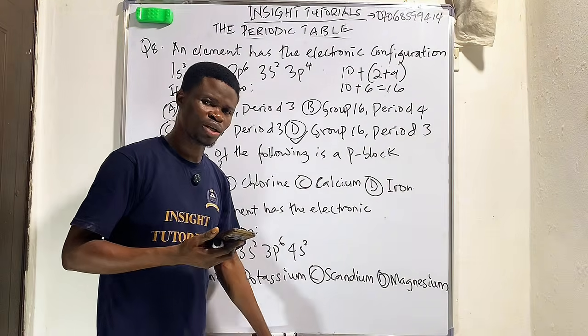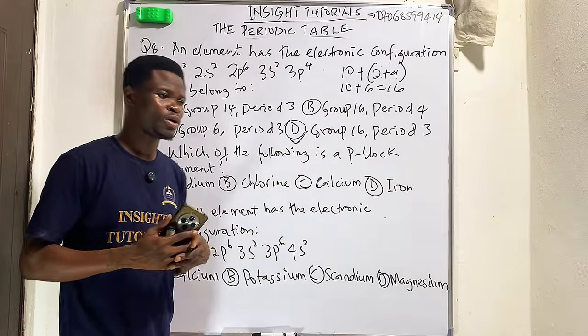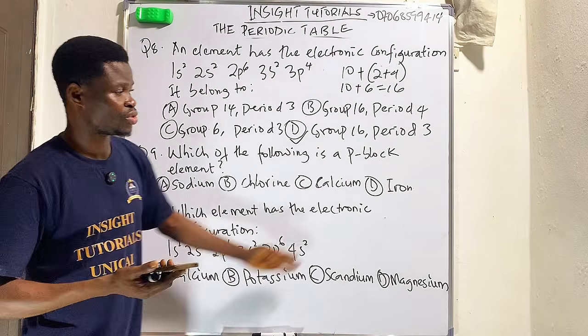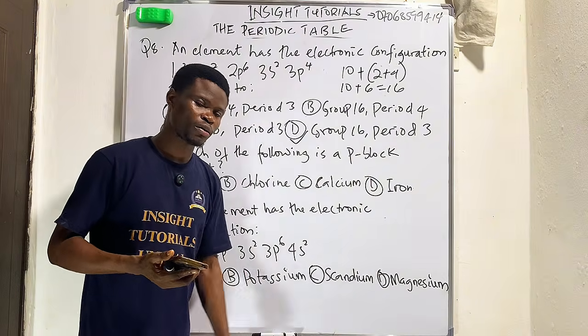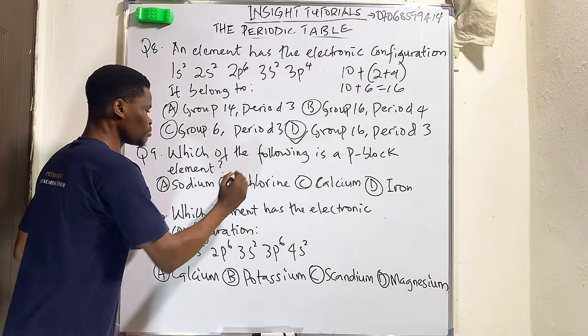Iron here is a transition metal, which falls in the category of zinc, manganese, chromium; all of those other elements are transition metals, and most of them are d block elements. The correct option is chlorine.